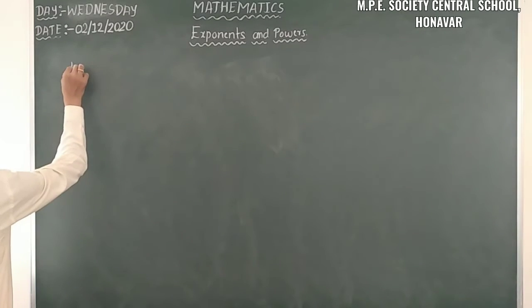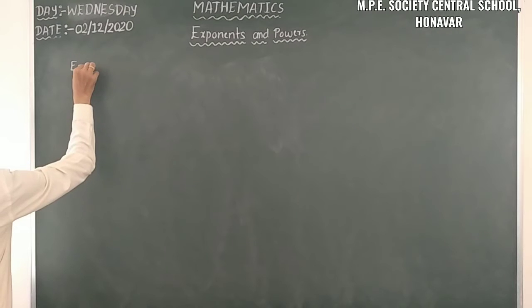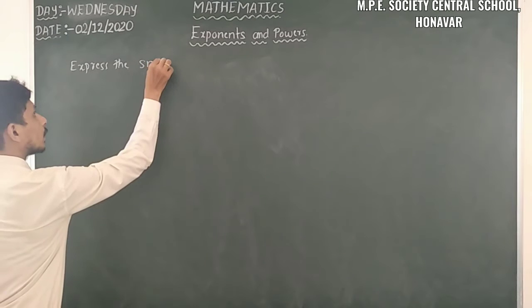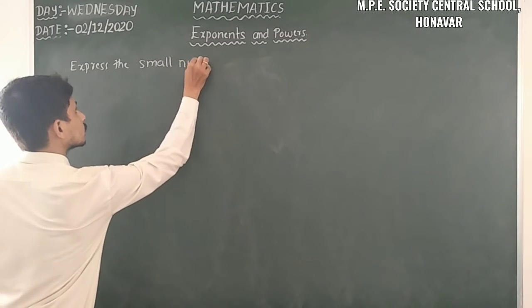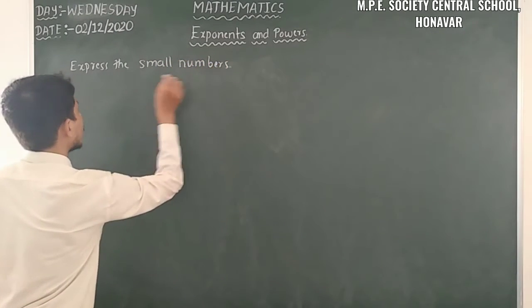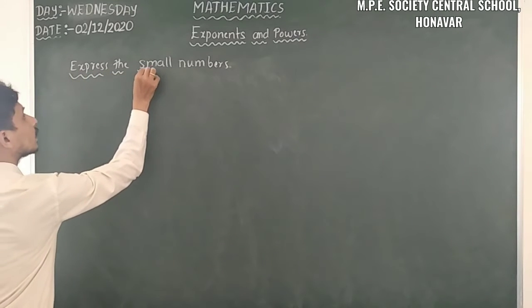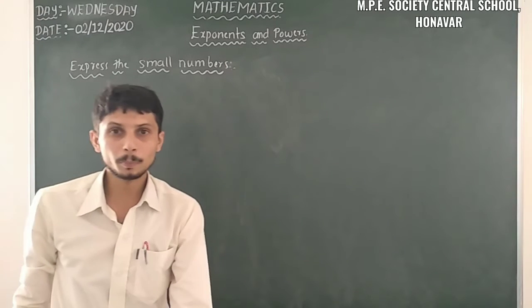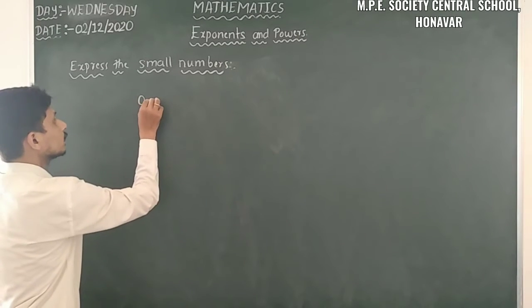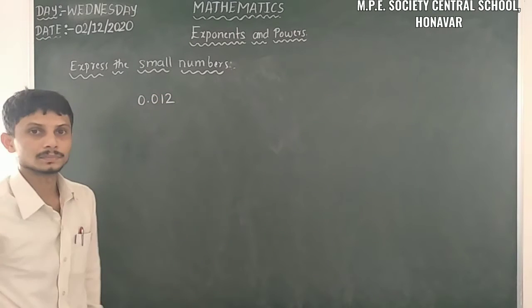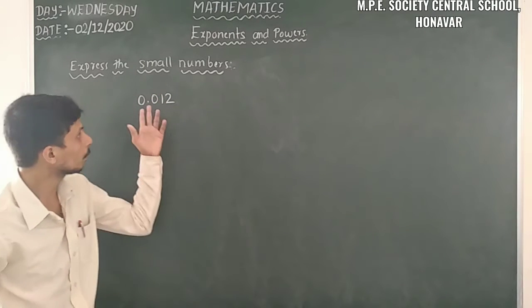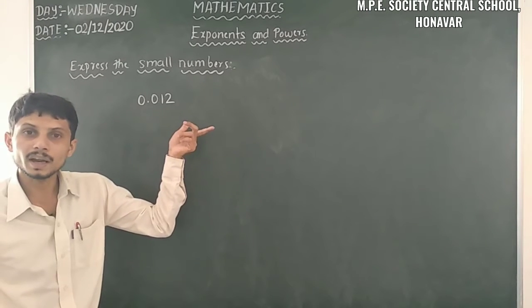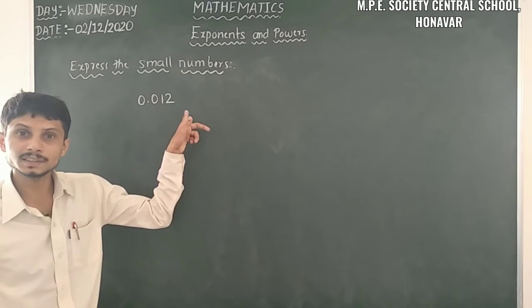So, express the small numbers. For example, we have 0.012. Just observe, it is not in the right form, since 12 is in the decimal part.